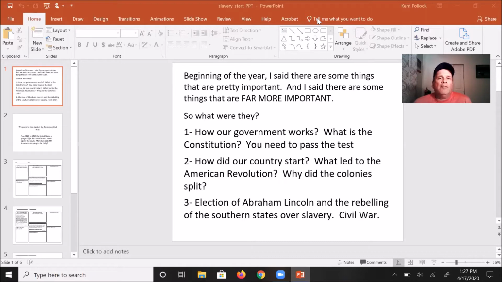Here we are, the third most important thing that we're going to talk about this year, and that's the election of Abraham Lincoln, the rebelling of the southern states about slavery, and the Civil War. Well, what does that mean? Well, here's what it means.